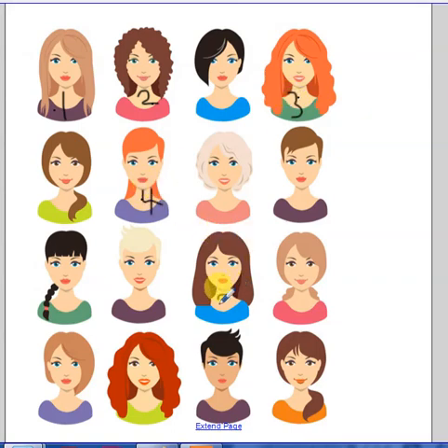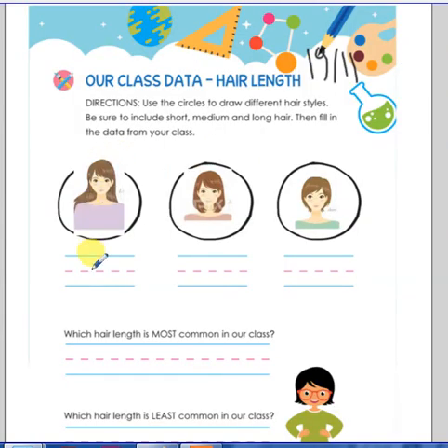Yes, this is long hair 6, and this long hair 7. Okay, so we write here what? We write here 7 girls have long hair.